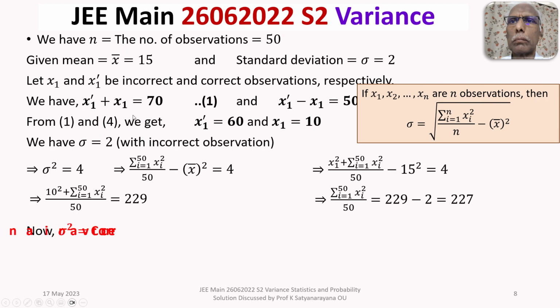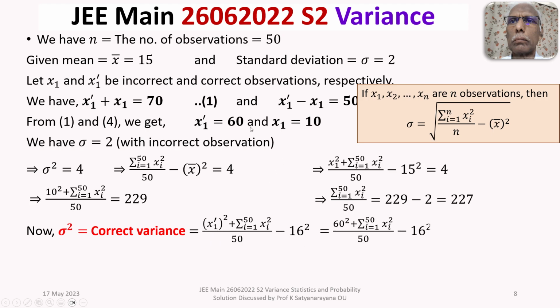Now we want the correct variance. The variance is sigma square. So the correct variance means, with the correct observation, x1 prime square plus sigma i equals 1 to 50 xi square, for the remaining, the whole by 50, that is the formula we are using, minus the correct mean, 16 square. So this implies x1 prime is 60 square plus sigma i equals 1 to 50 xi square by 50 minus 16 square.